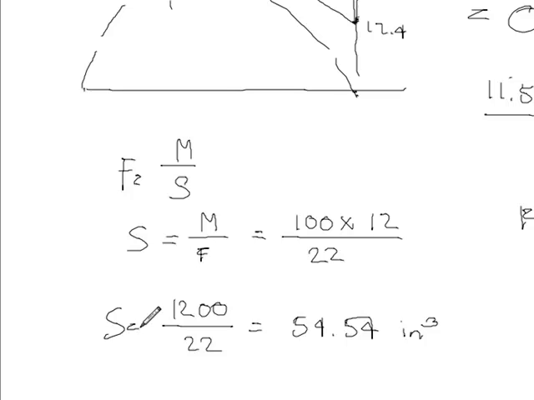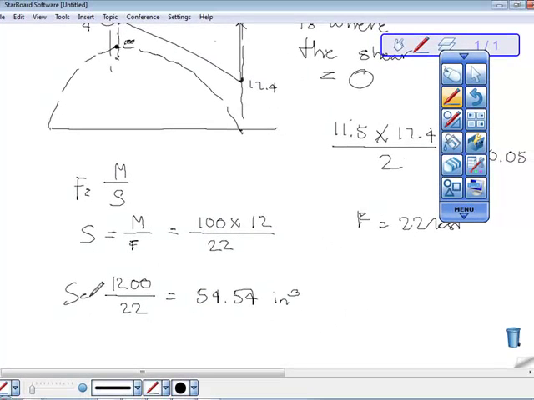So now you need to look in the chart and select a wide flange beam that will allow you to have an S of 54.54. So y'all look in your charts and tell me which one you find. I think it's in chapter 10. There it is.